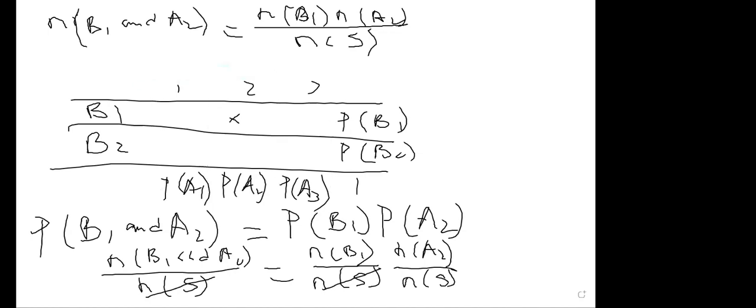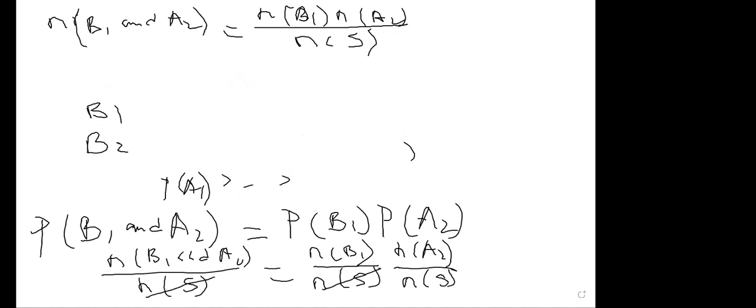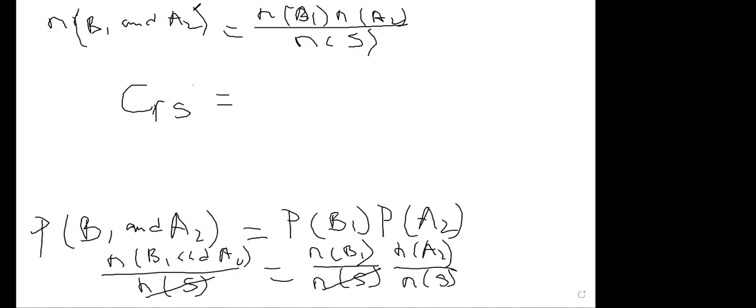I'm going to erase this table and rewrite it here as: if there is independence, let's call it C_RS, the cell with row R and column S, is equal to R times S divided by N, which is the total sample size.